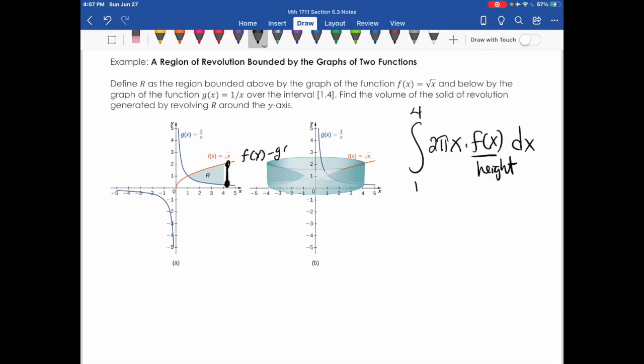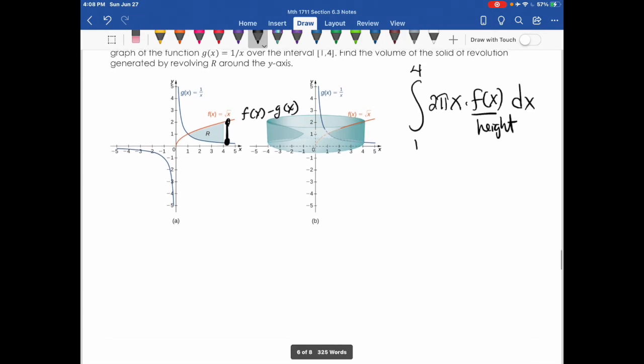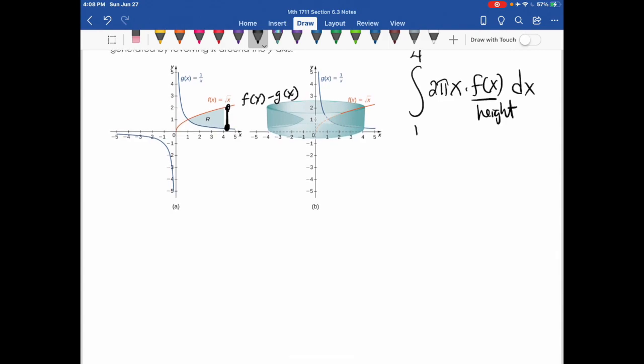However, the height of the shell is going to be the difference in the functions. So the height of the shell is going to be f of x minus g of x. So that's what we need to put in for the height when we're taking that into consideration and setting up our integral.